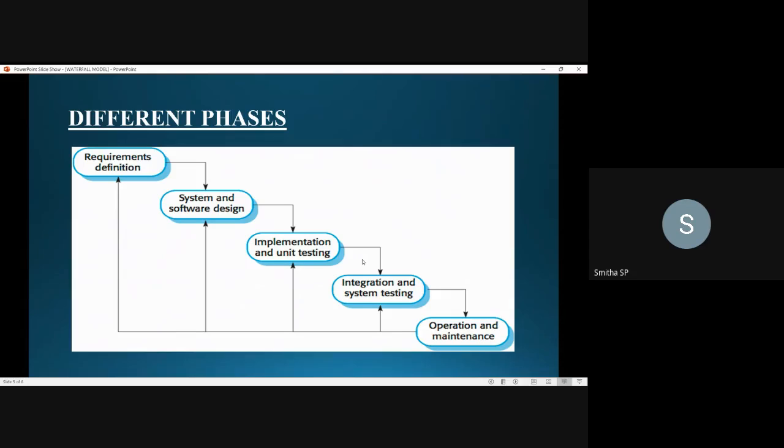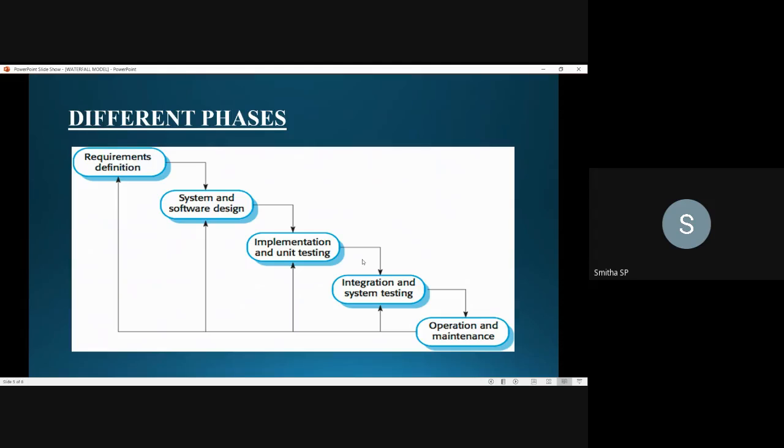It starts with the requirement analysis and definition phase, where all the requirements are collected from the customer. Requirements are the set of functionalities that the system should perform. The system services, constraints, and goals are established by consultation with the system users. Then they are defined in detail and serve as a system specification.